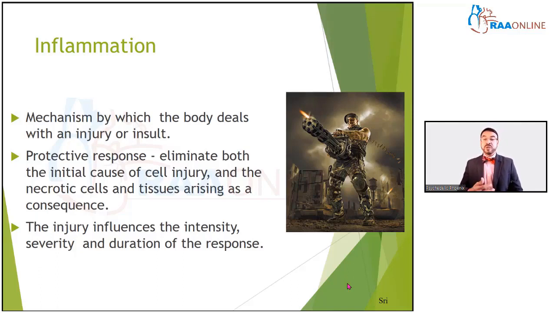In the same way, when our body is attacked by an injurious stimulus, for example, a bacteria, our body responds and we try to protect ourselves. So the first step in inflammation, we protect ourselves against an injury or an insult. When we protect ourselves, we try to remove the cause of cell injury. And also, we remove the necrotic cells that occur during the injury.